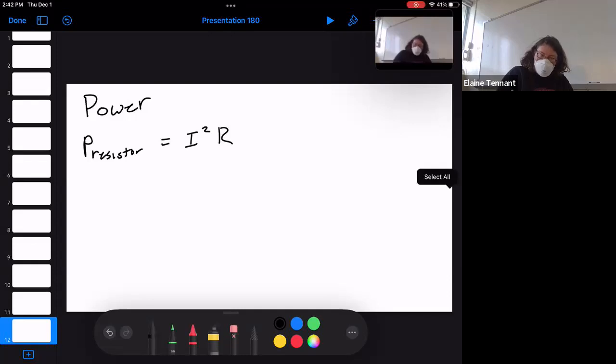One way to write this down is I max sine squared omega t. Remember that your current through your resistor is in phase with the voltage, so you get a sine. And so this gives you I max squared, an instantaneous value for power.